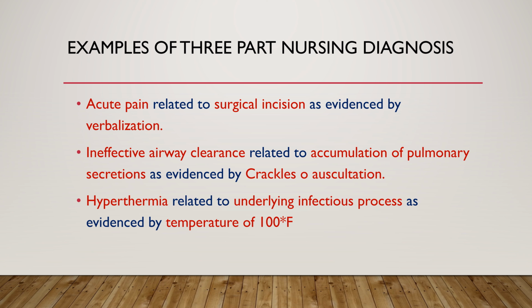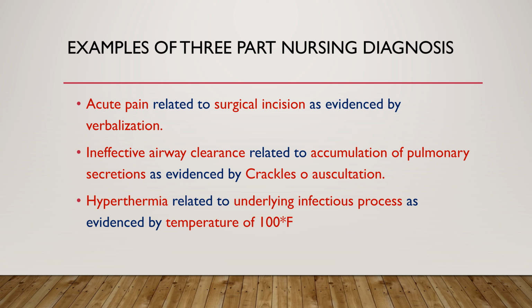In a similar way, ineffective airway clearance related to accumulation of pulmonary secretions as evidenced by crackle sounds on auscultation. Ineffective airway clearance is the problem. Accumulation of pulmonary secretions will be the cause or etiology, and crackle sounds on auscultation will be the defining characteristic.